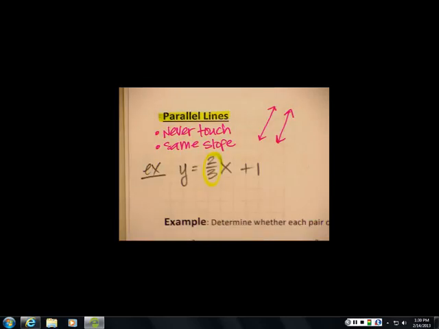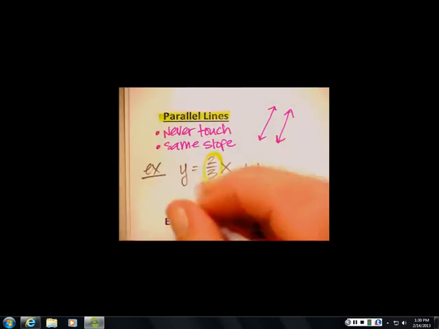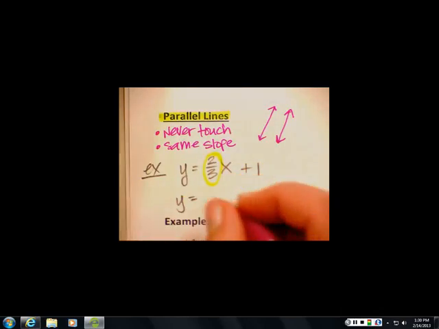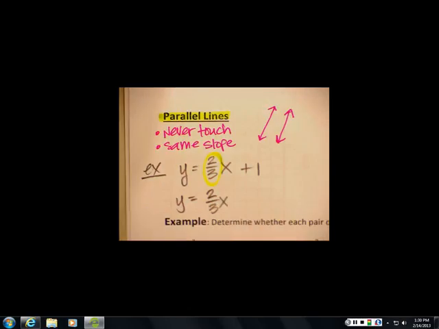That's the only thing that has to be the same. So a parallel equation might be y = 2/3 x, or y = 2/3 x - 5, or y = 2/3 x + 4, or y = 2/3 x plus or minus anything, as long as the 2/3 and the 2/3 are consistent. As long as my slopes are the same, my lines will be parallel.